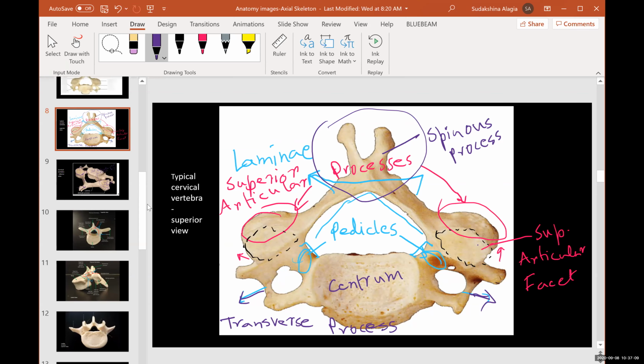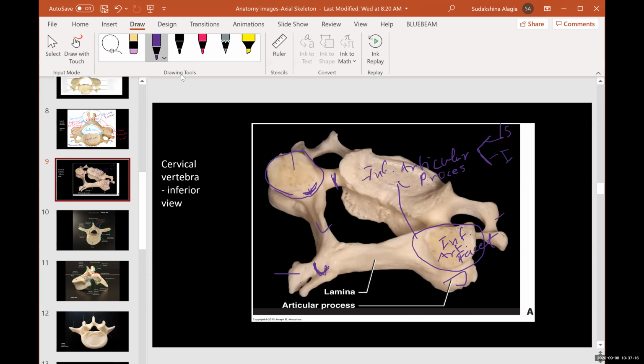So, centrum, look at this, which is not marked as much. Centrum, transverse process, pedicle, laminae, spinous process. Here in the inferior view, which you can tell by looking at the spinous process, inferior articular process and facet.